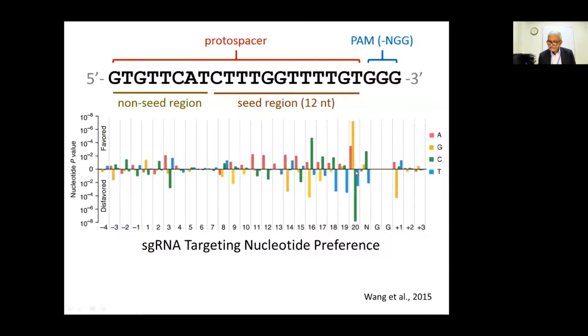The specificity is rejected if there is a T or a C. C completely disfavors, okay, the specificity of gRNA Proto-Spacer for binding to the target site. So at position number 20, we always keep, okay, either an A or a G.